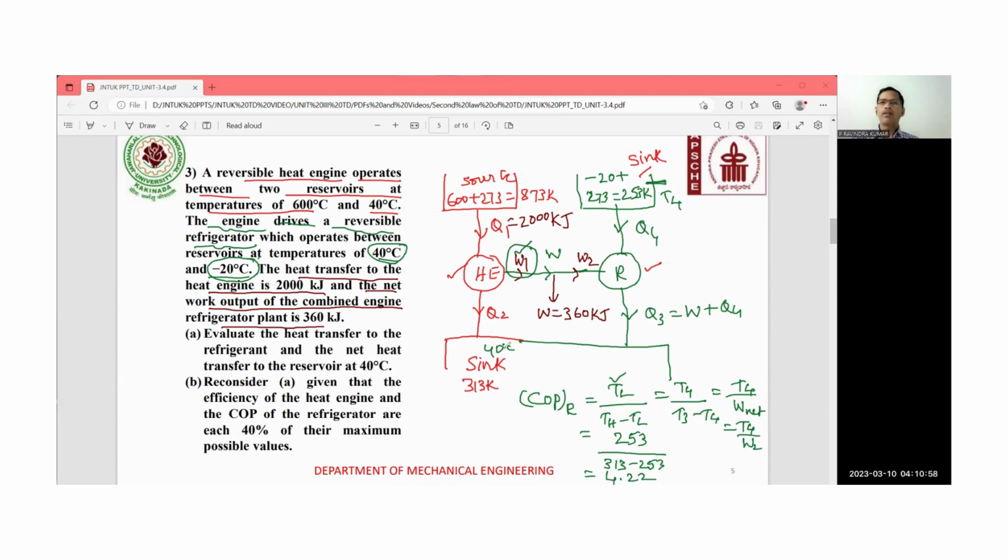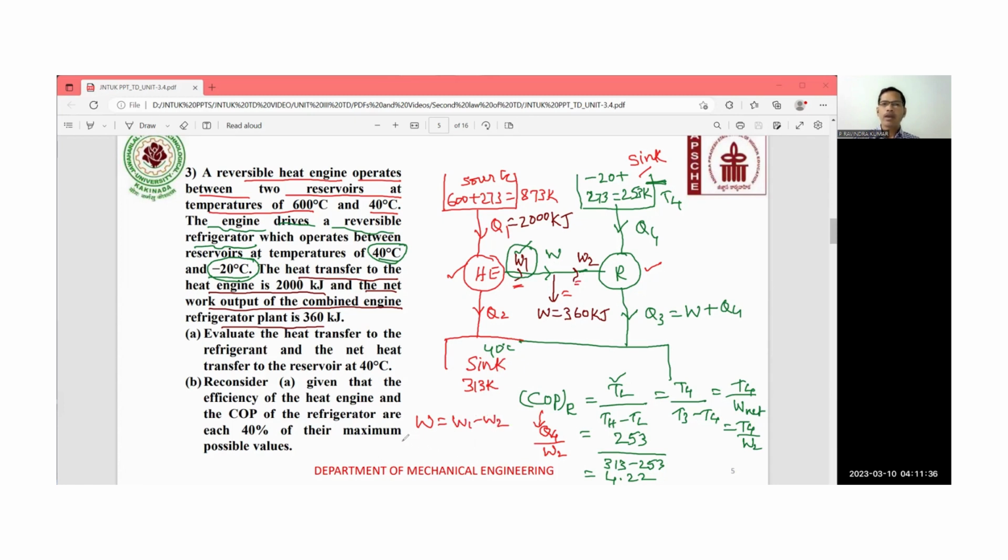But what is this COP? This COP is nothing but Q4 divided by W2. But we know that W is equal to W1 minus W2.